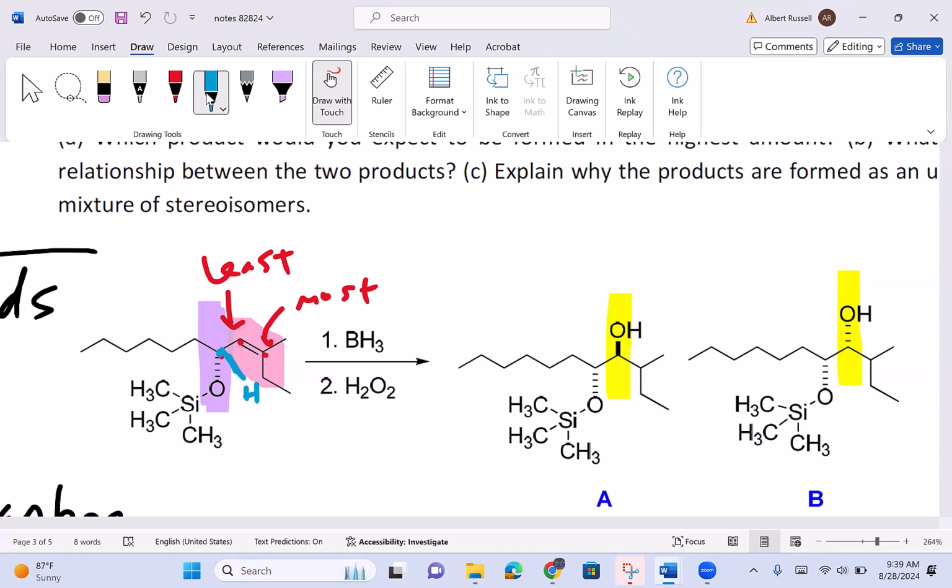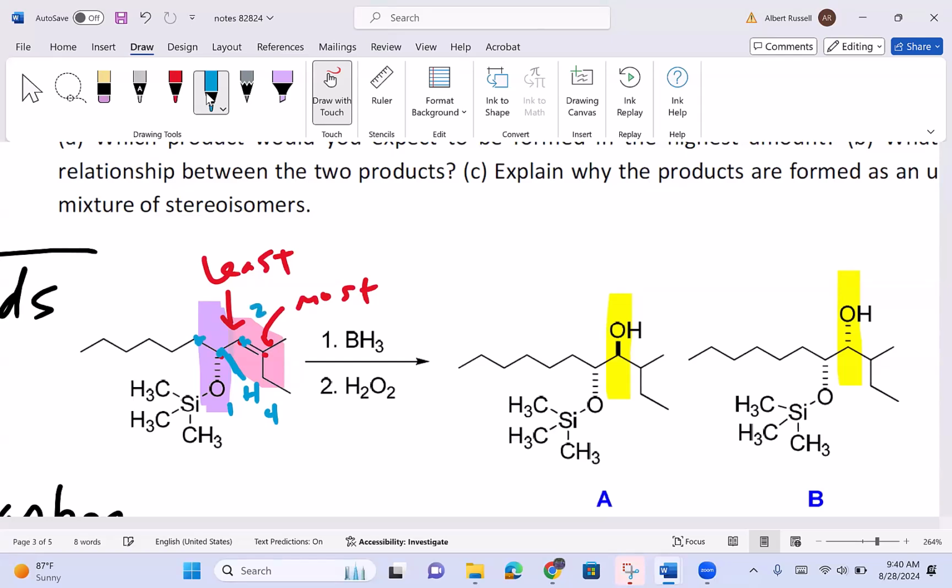So oxygen we know is highest priority because it's compared to the other two atoms, which are both carbon. Which one of those two carbons is going to be 2? We know hydrogen is 4. The double bond carbon, the one in the double bond.